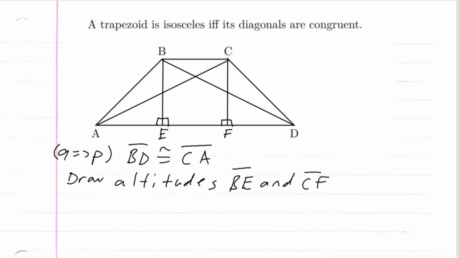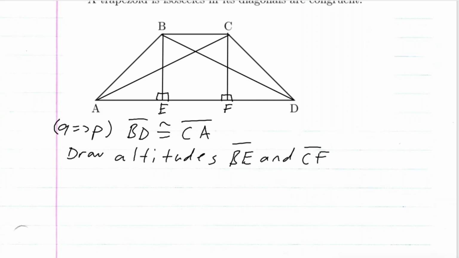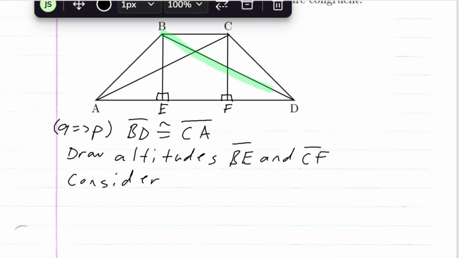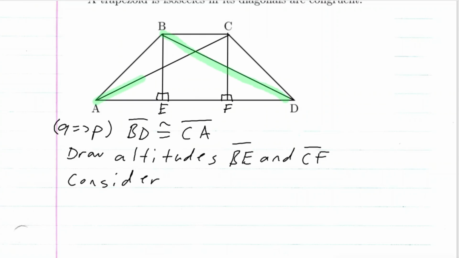Okay, so let's scoot down a little bit. So now we're going to consider, so we know, let me mark up a little bit. So I know that this one here is congruent to this one here, right? Oh, we also know that BC is parallel to AD, right?